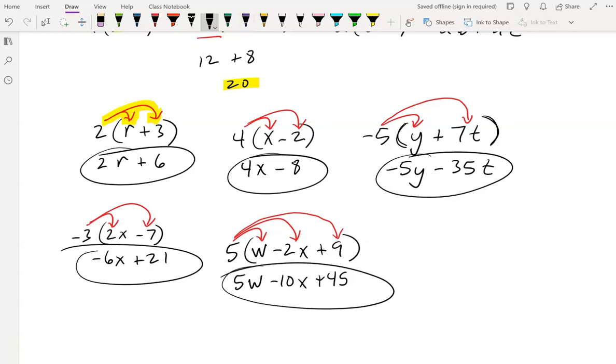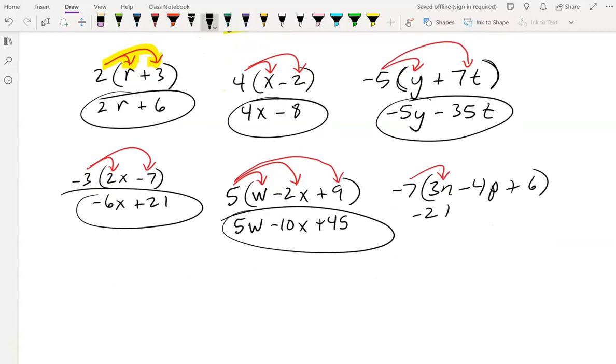All right. Well, let's try another one. We're having a great time here. How about negative 7 multiplied by 3n minus 4p plus 6. Okay. Again, negative 7 times 3n, that's negative 7 times 3 is negative 21n.